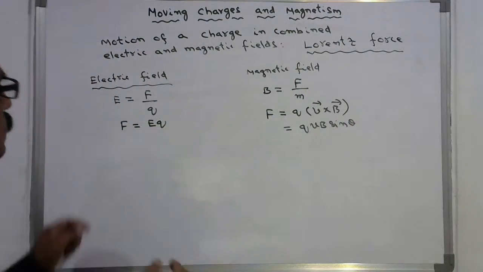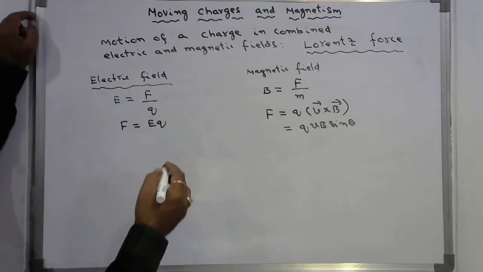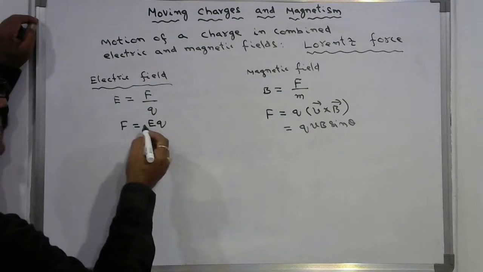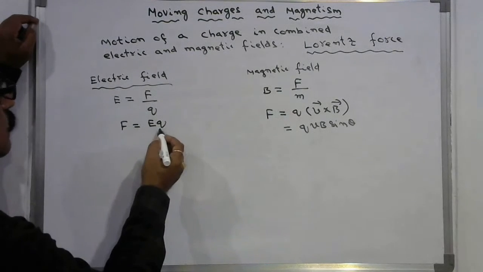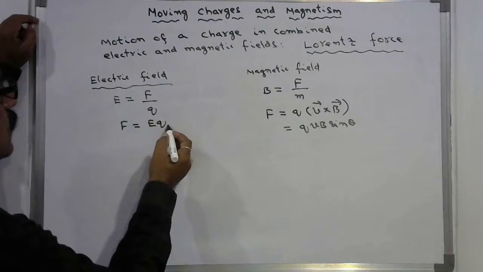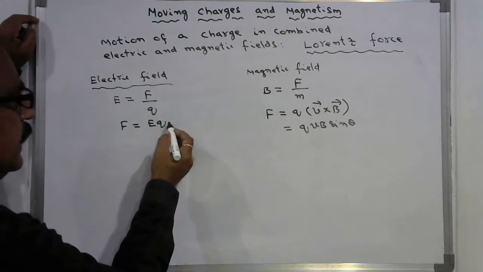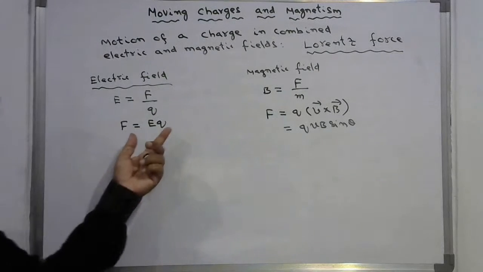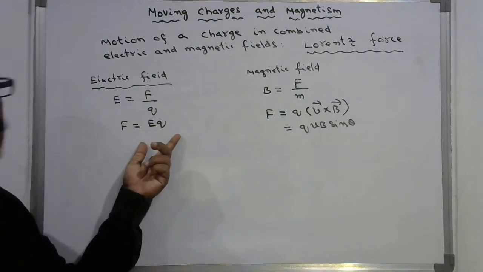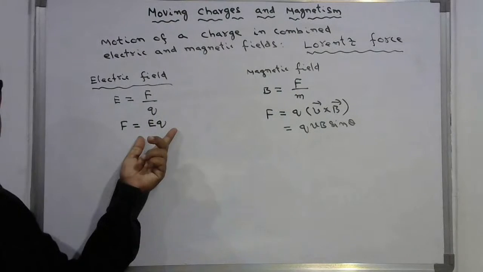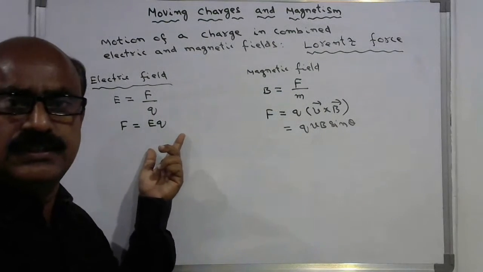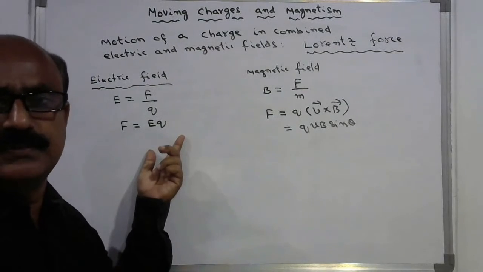Now what we can infer from this formula is, the force experienced in the electric field does not depend on the angle or on whether the charge is at rest or in motion. The charge, whether at rest or in motion, is influenced by the force.